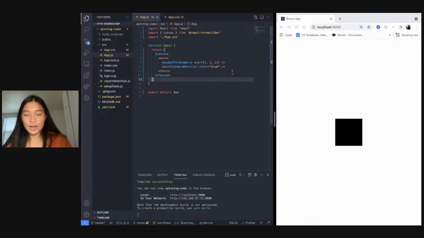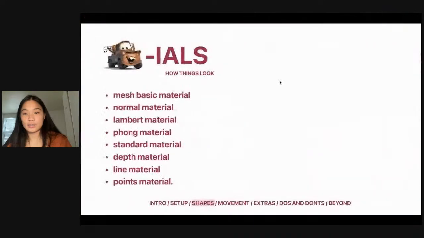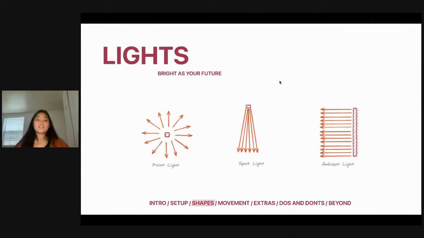So how exactly do you add lighting to this? We're actually going to go through a couple different types of light because there are plenty for us to talk about. There's a point light that goes in every single direction. There's a spotlight that goes out like a cone. There's ambient light that is completely parallel to where you shine it.